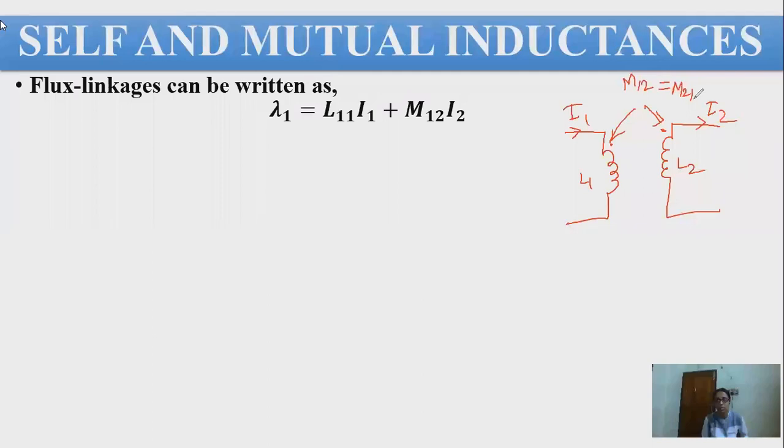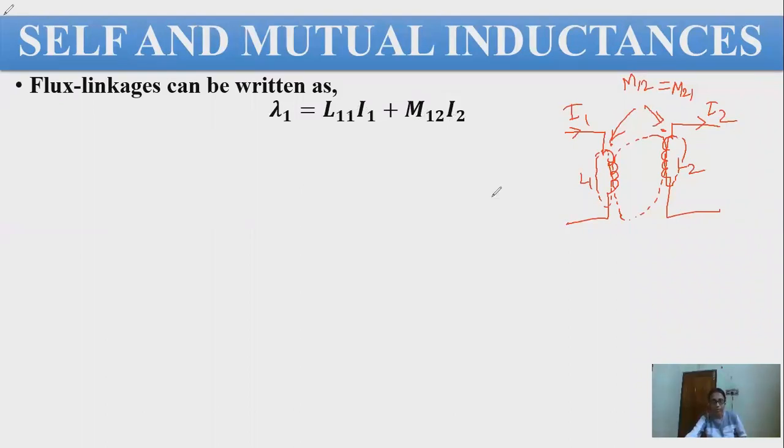That is, the mutual inductance between the two conductors can be written as M12, and that will be equal to M21, because that is the mutual flux linkage between these two conductors, as well as the self fluxes. So this expression can be written as the flux linkage for conductor 1, lambda 1 equals L11 I1 plus M12 I2.